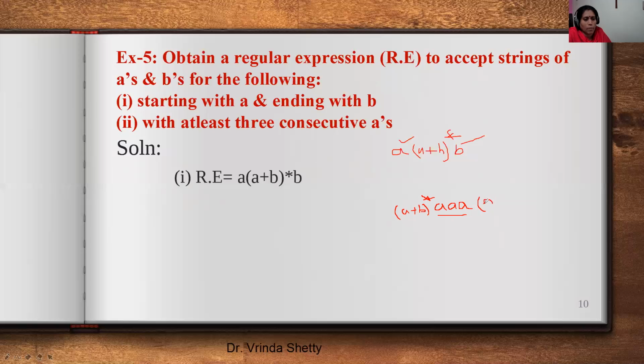Again, it can end with any number of a's and b's. But the question says it should have a minimum of 3 consecutive a's. Keeping that in mind, the regular expression is (a+b) whole star, aaa, (a+b) whole star.